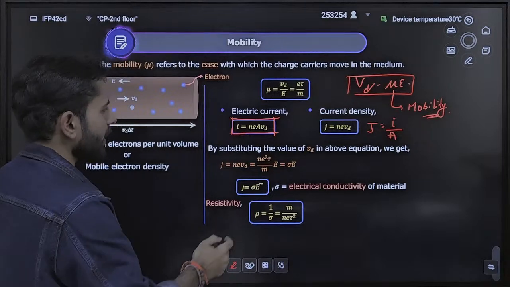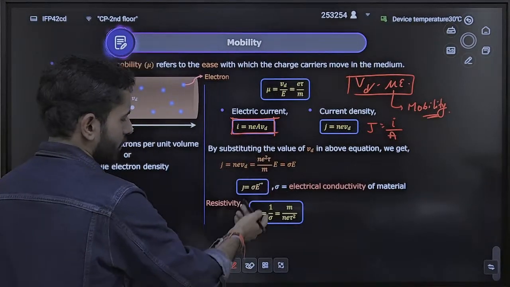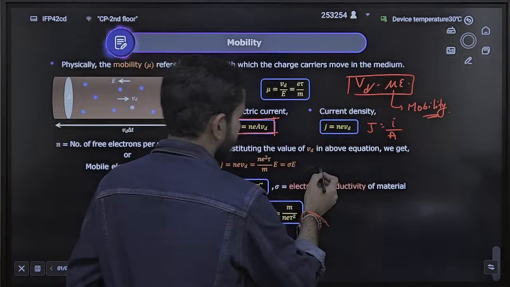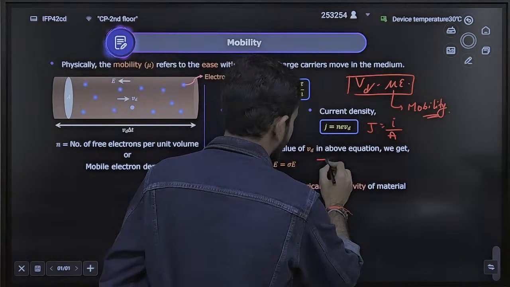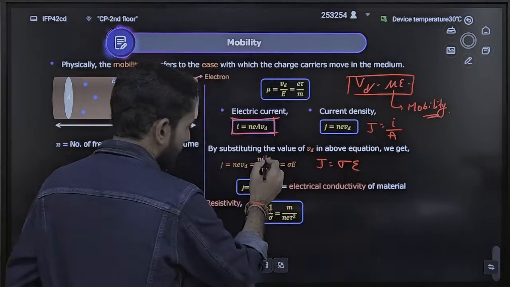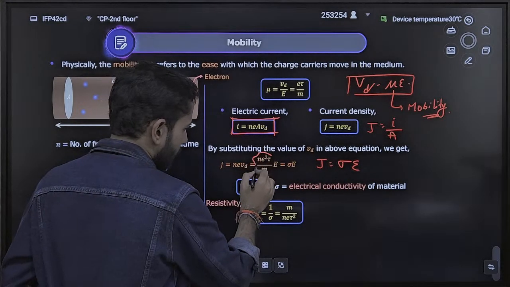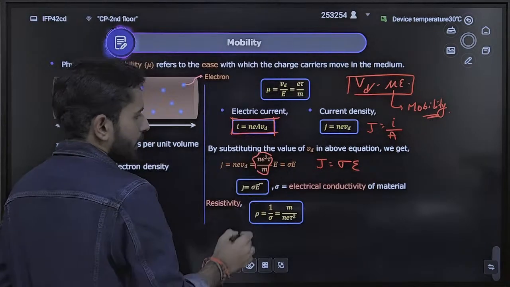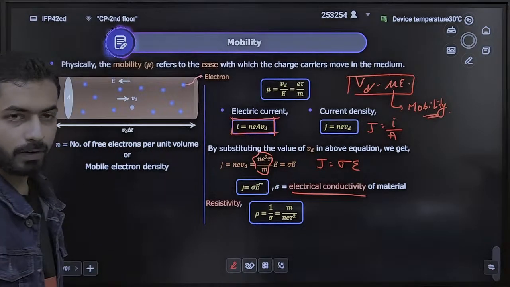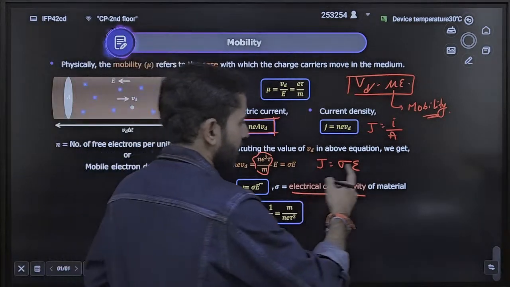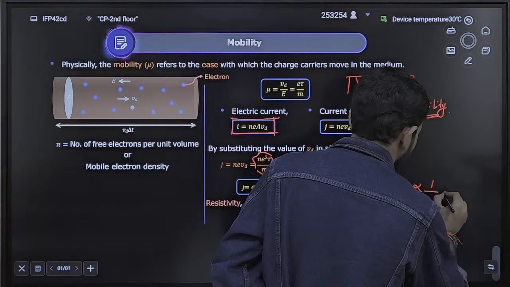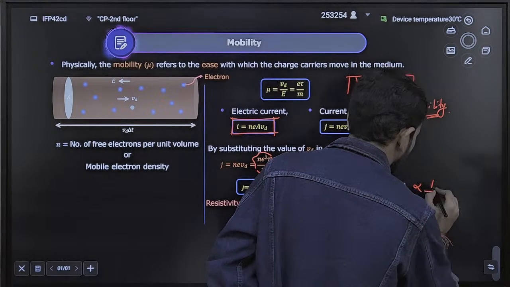Then you can put the values of v_d and write the rest, and then you will have the relation J is equal to sigma E. This complete coefficient of the electric field is taken as sigma. Now this sigma is called the electrical conductivity of a material, and later we will derive that it is actually 1 by rho.